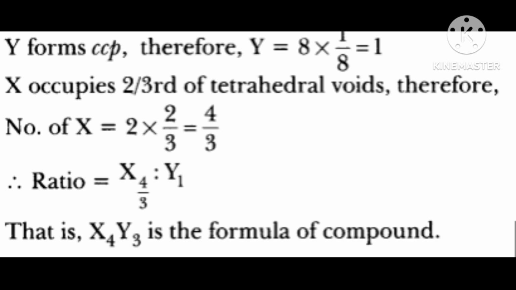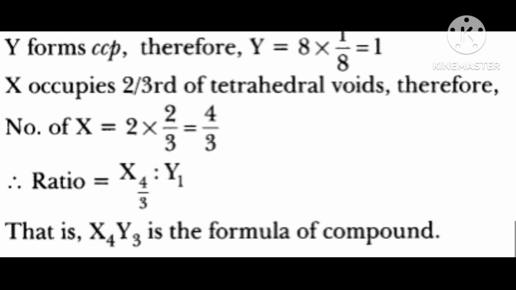But the number they have given is 2/3, like 66%. Again, the number of tetrahedral voids formed is equal to twice the number of atoms of element B, and only 2/3 of these are occupied by the atoms of element A. The rest are occupied by B. A is more, B is less.